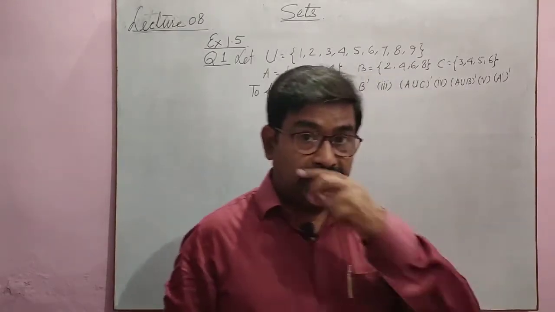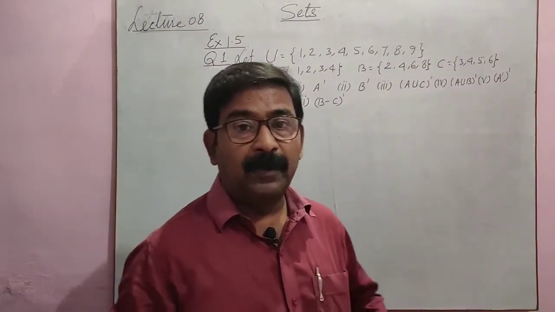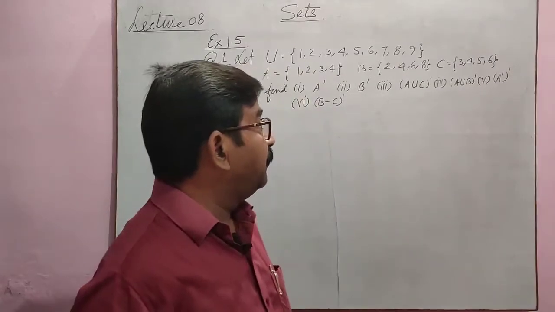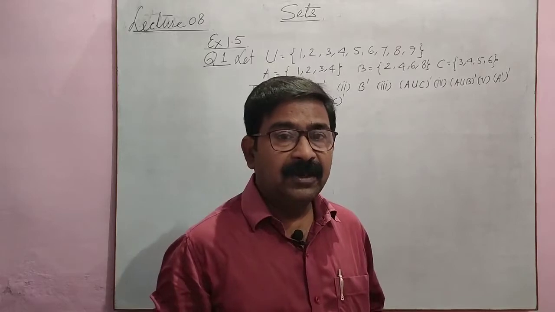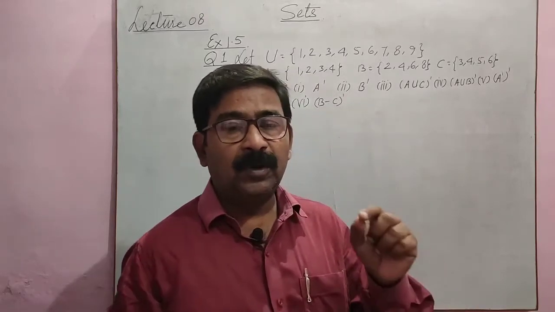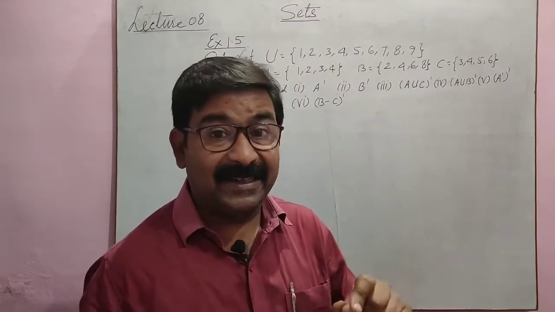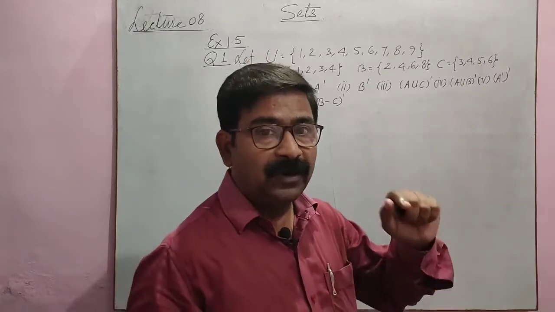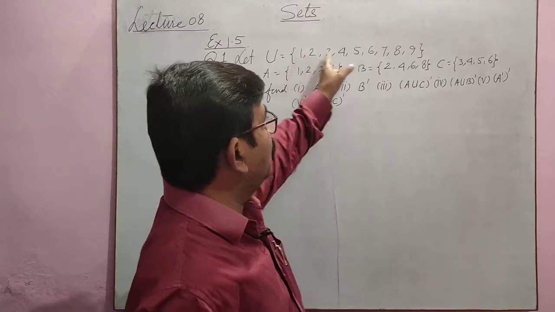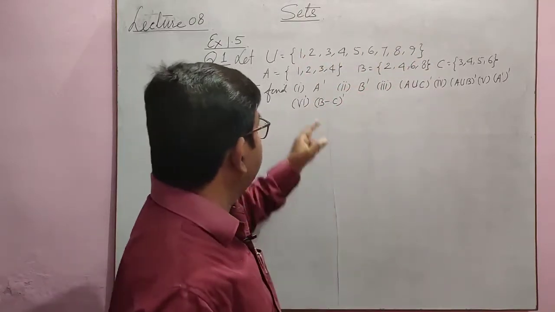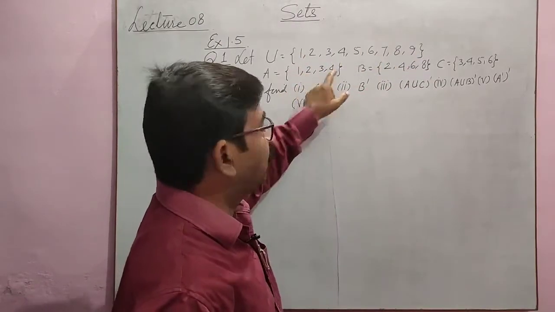Let's see, as I told, how to find the complement of a set. If we are going to find the complement of a set, we just have to remove the elements of that set from the universal set. Like, the universal set contains the elements from 1 to 9 and set A has 1, 2, 3, 4.